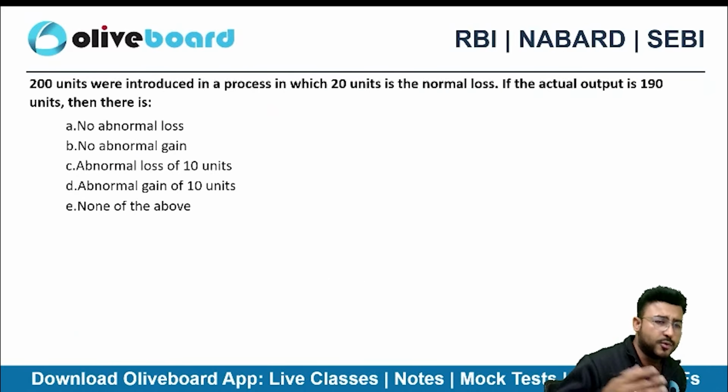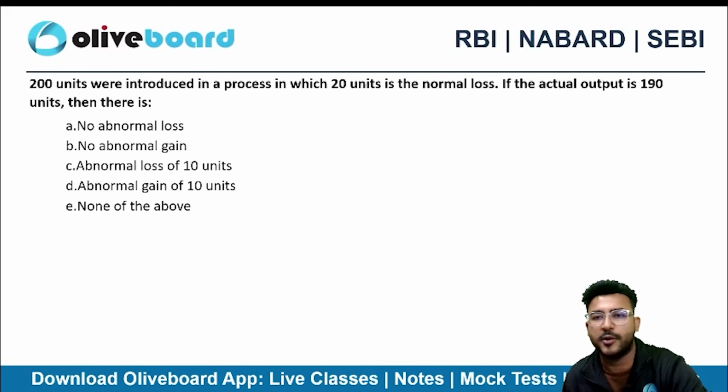Next one. 200 units were introduced in a process in which 20 units is the normal loss.